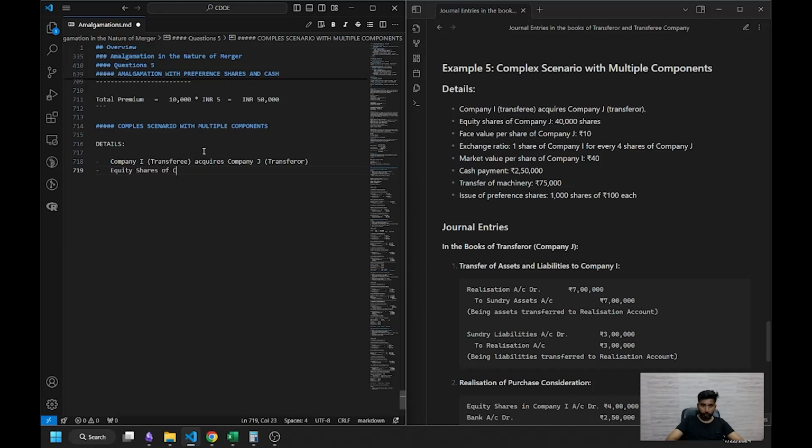Equity shares of company J are 40,000. The face value per share of company J is rupees 10.